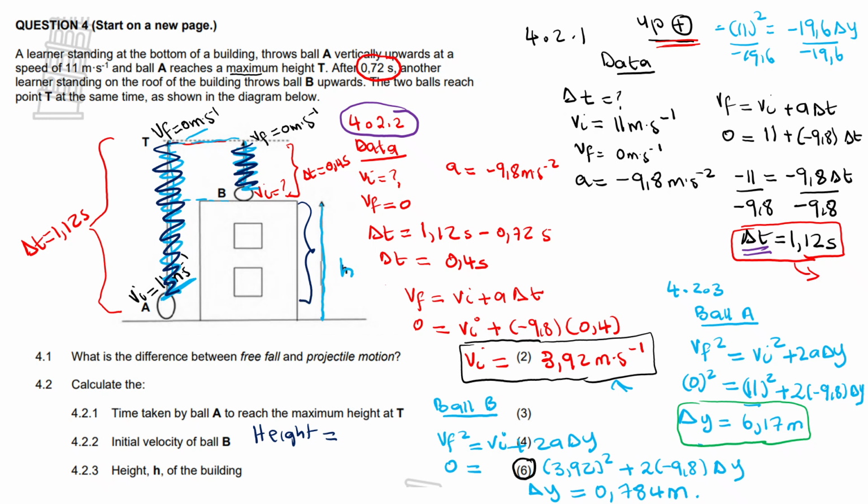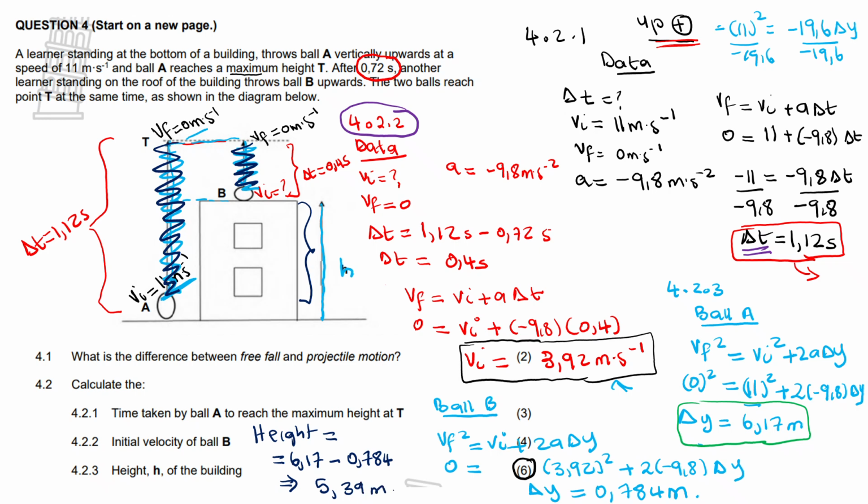So now the height will be 6.17 meters subtract 0.784, and this gives us, let's punch it on the calculator, guys. I'm very sorry about this space, but please make sure that you pause the lesson and work this out. So this is 6.17 minus 0.78, which gives us the final answer of 5.39 meters. And that's it for this lesson.